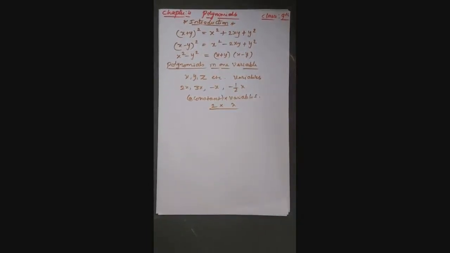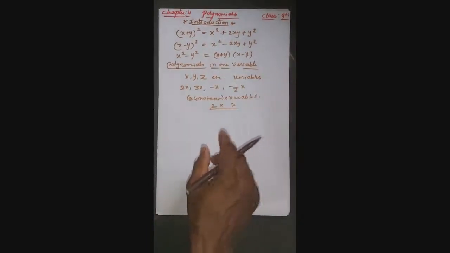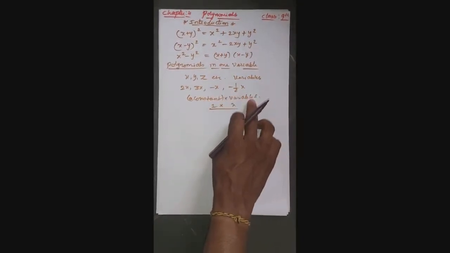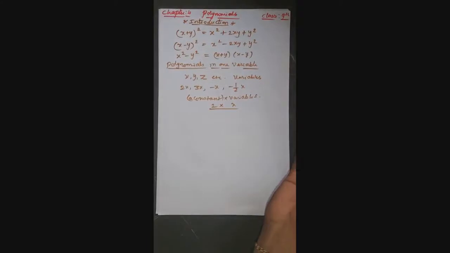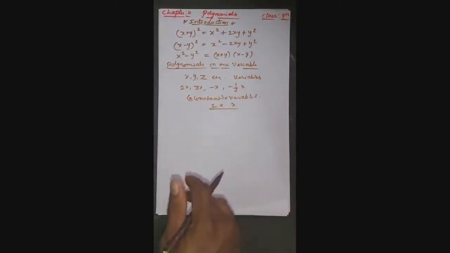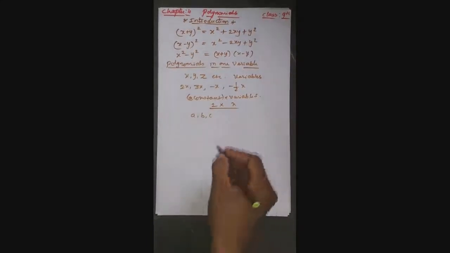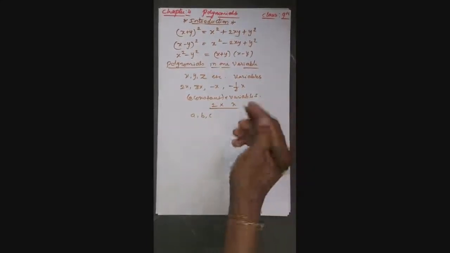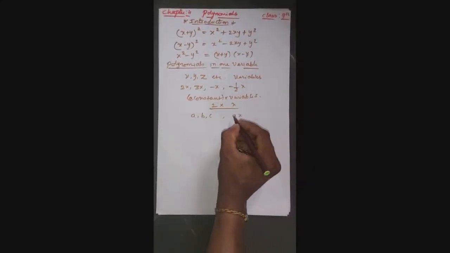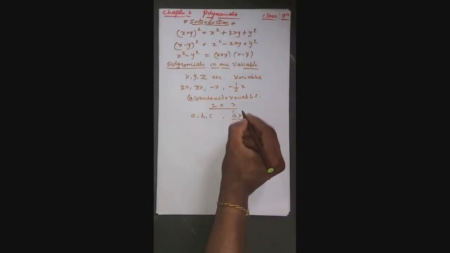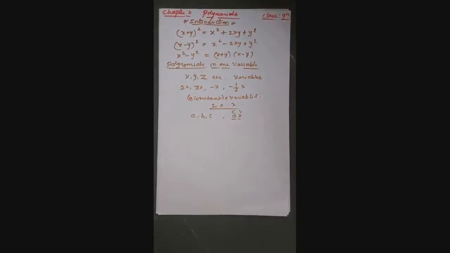Now suppose we want to write an expression which is a constant into a variable and we do not know what the constant is. In such cases we write the constants as a, b, c, etc. So the expression will be ax, where a is a constant and x is a variable.